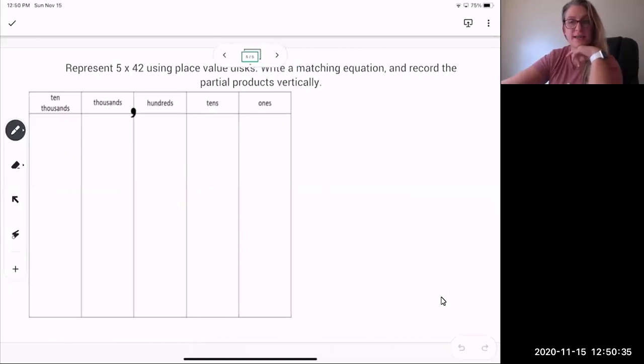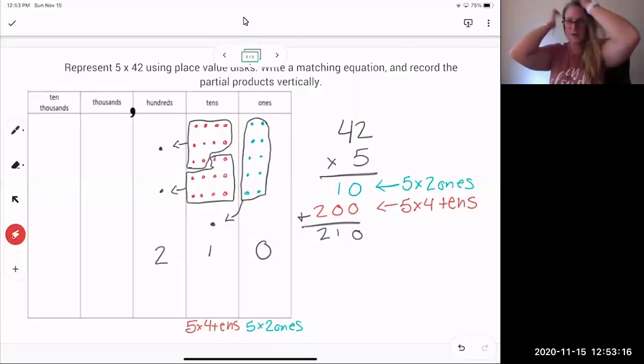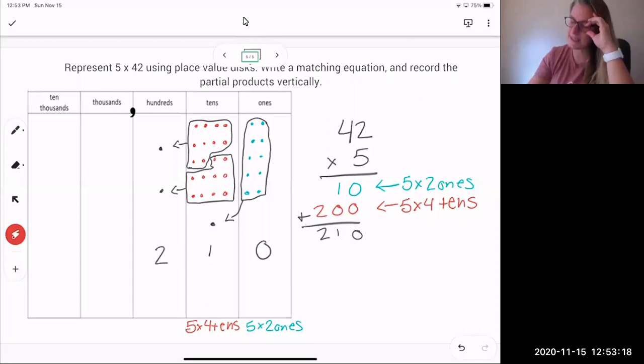and then unpause the video and see if your results look like my results. Okay, so here I represented my place value discs.